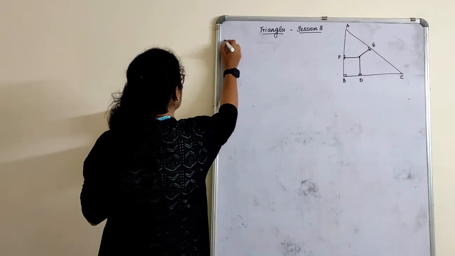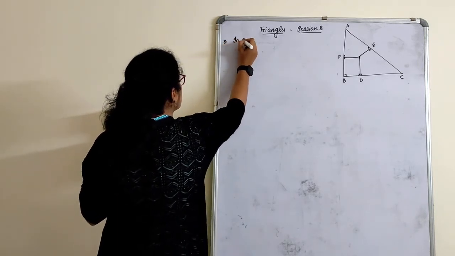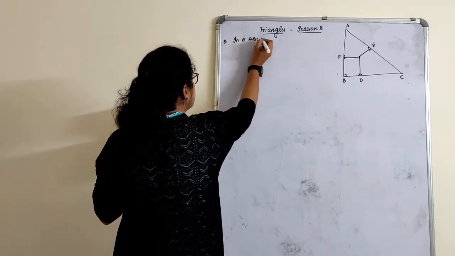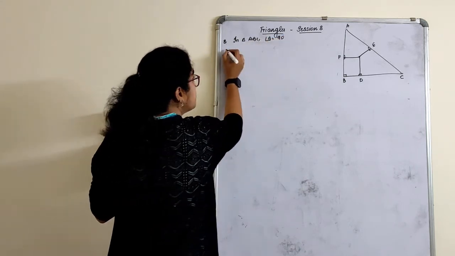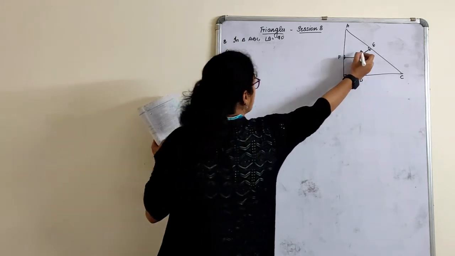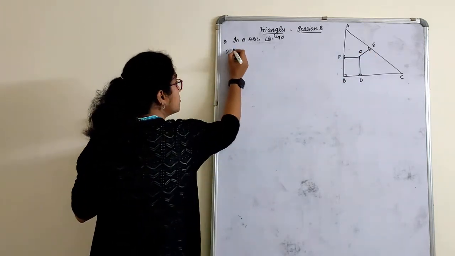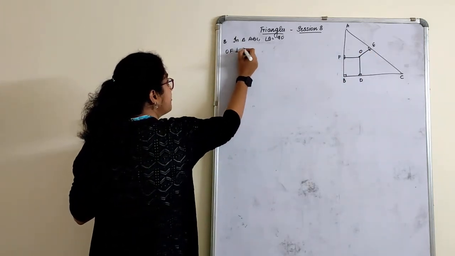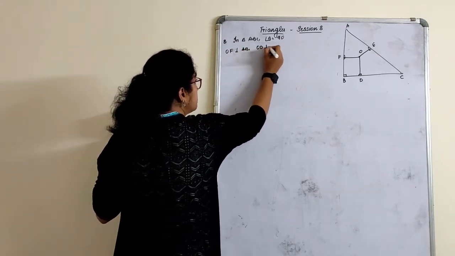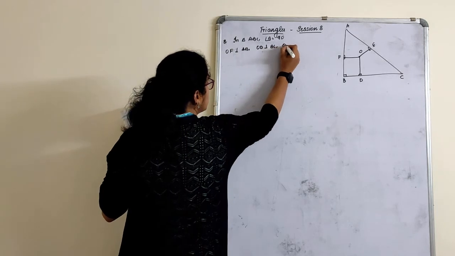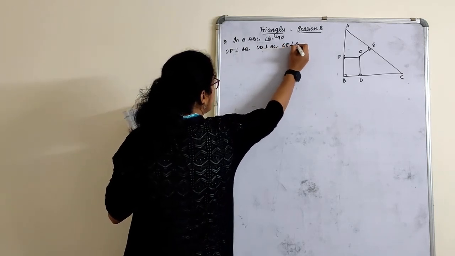Right? In triangle ABC, angle B is equal to 90 degree. This is O. So OF perpendicular to AB, OD perpendicular to BC and OE perpendicular to AC.